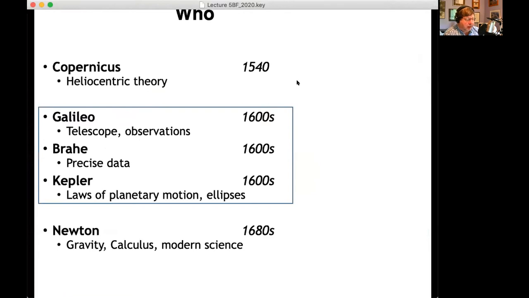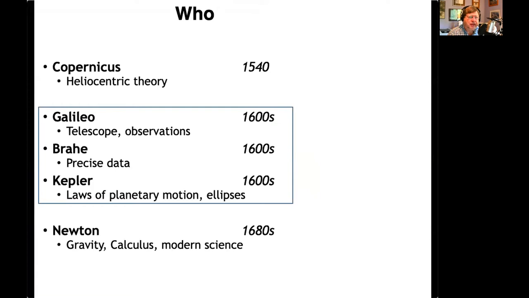Okay, enough about that. Today we're going to be covering orbits and Kepler's laws. And this is going to get back to the dead white guys. Last time we talked about Copernicus, who came up with what we call the heliocentric, sun-centric version of the universe. That was in the 1540s. And then 60 years later, we've got Galileo, Brahe, and Kepler, who were all contemporaries. Galileo, we talked about a little bit.